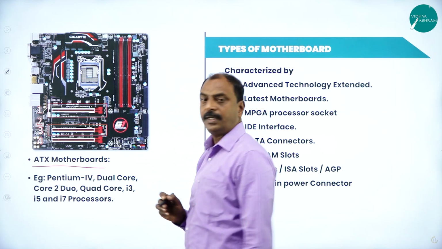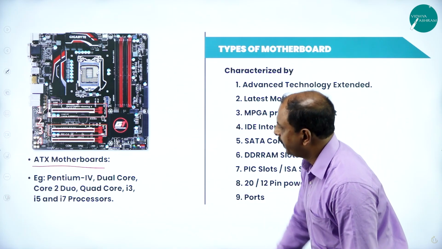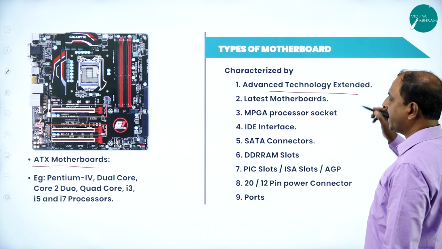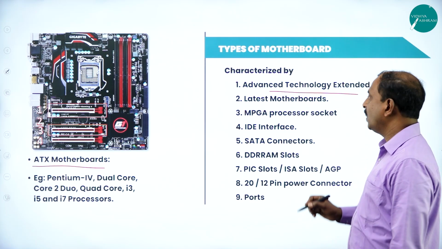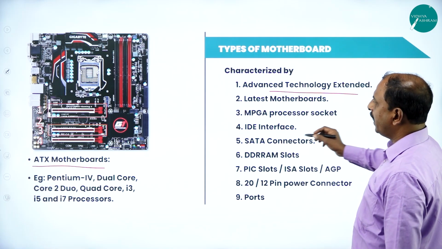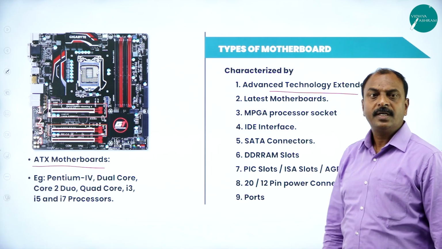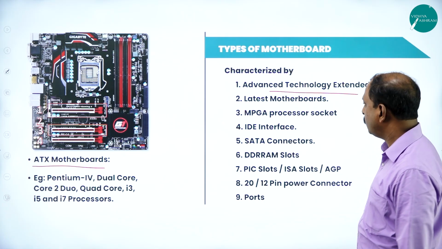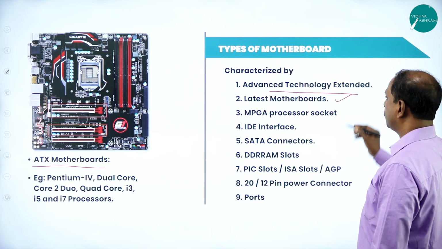So next one is the ATX motherboard. What is the ATX motherboard? It stands for Advanced Technology Extended, and these are the major components on the motherboard, and this is the latest motherboard.